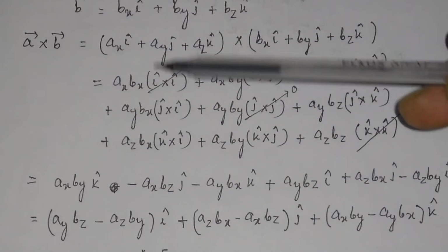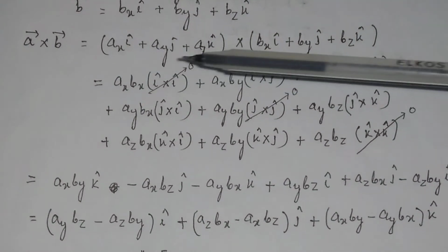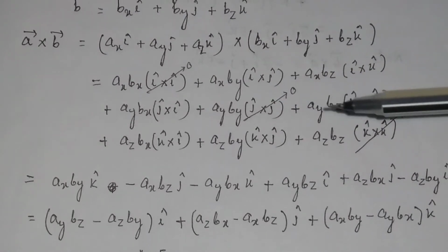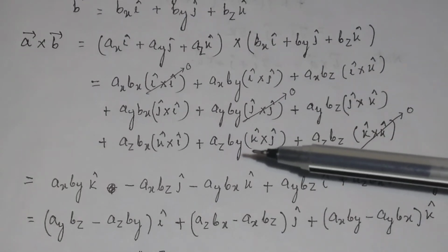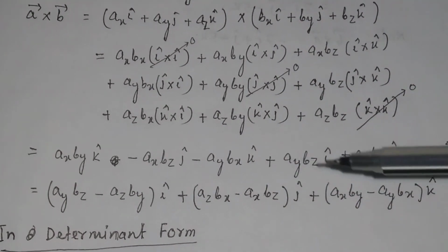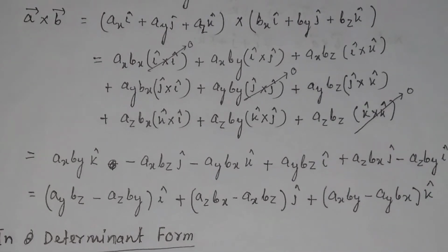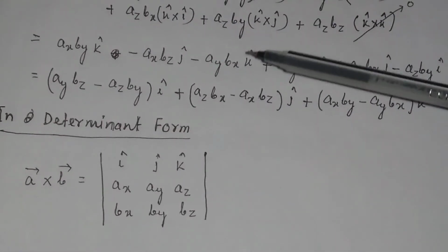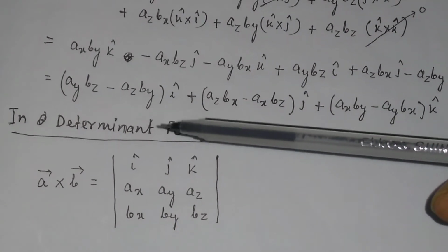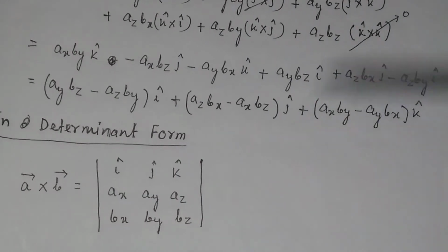Then you can find the cross product A cross B like this. Here you have to apply the elementary cross product rule. By applying it, you can find the cross product of the vectors in component form. The same result you will also get if you write the cross product in determinant form like this.